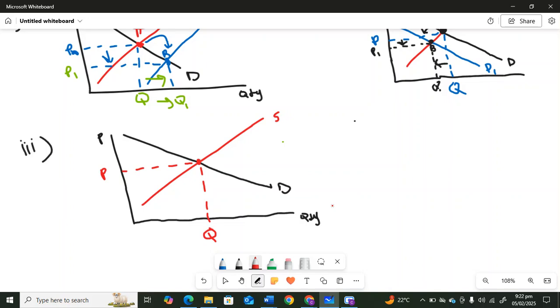They even put their tools down and say, no, until you pay us. And supply shifts where? Yes, upwards to the left.